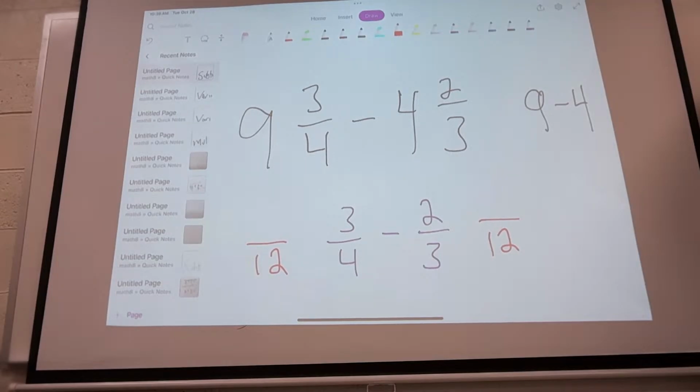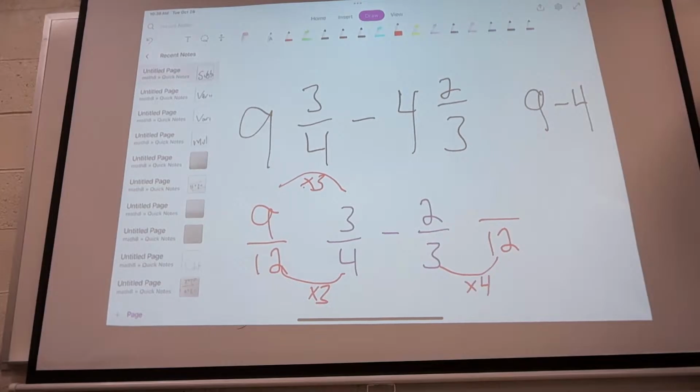All right. So how do I turn a 4 into a 12? 4 times what is 12? 3. Whatever I do to the bottom, do to the top. 3 times 3 is 9. How do I turn a 3 into a 12?